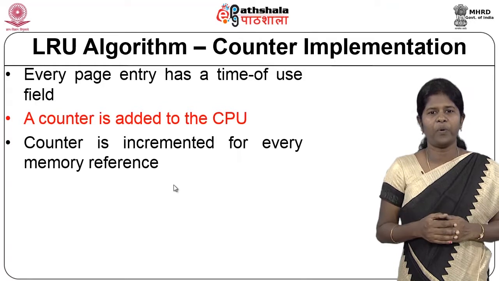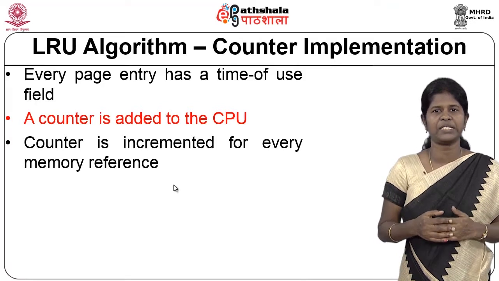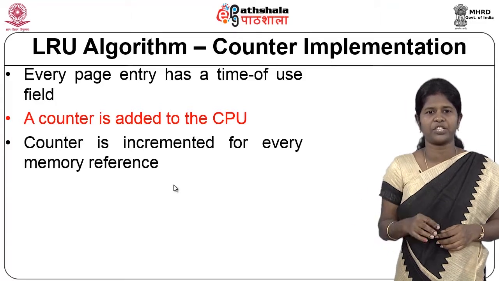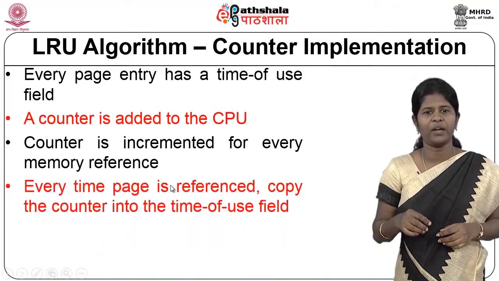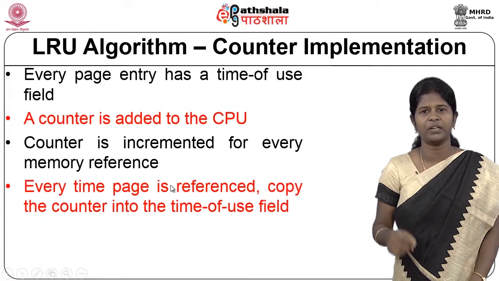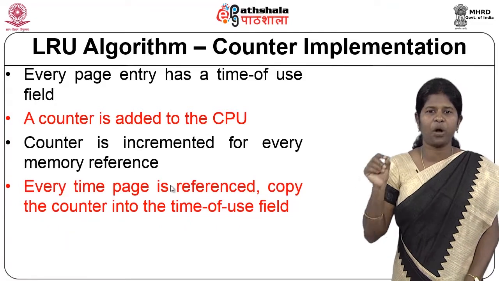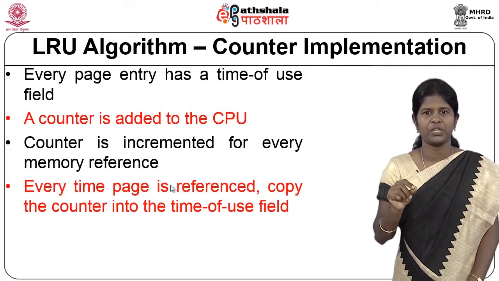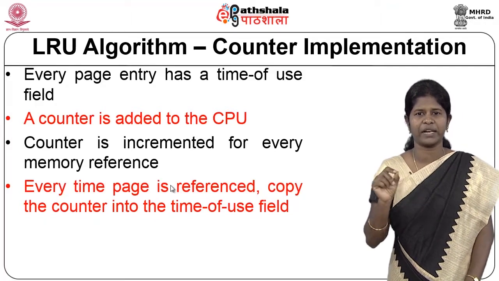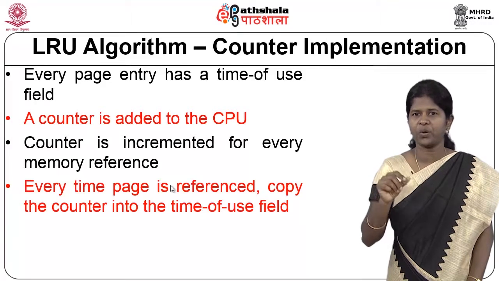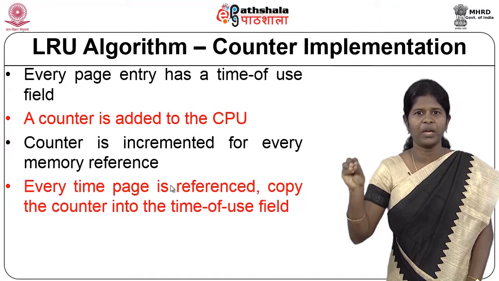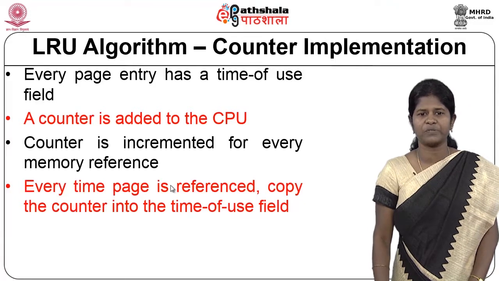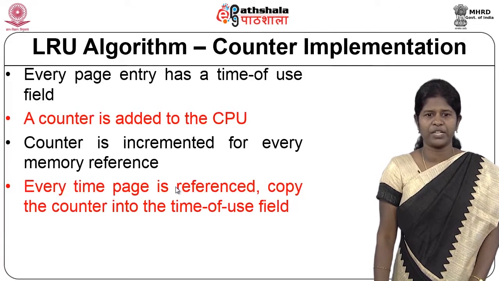Whenever there is a memory reference made by the CPU, this counter value is incremented, and whenever a page is referred, the counter value is copied on to the time of use field for that page. So, if page 1 is referred to, you look at the CPU's counter value, and that value is copied onto the time of use field in the page table entry.